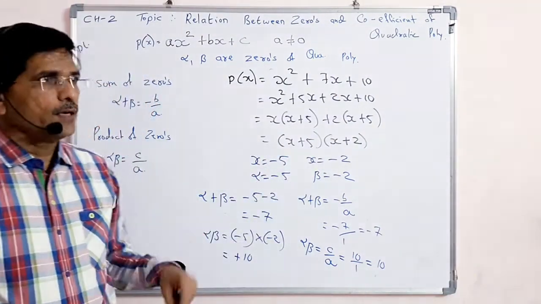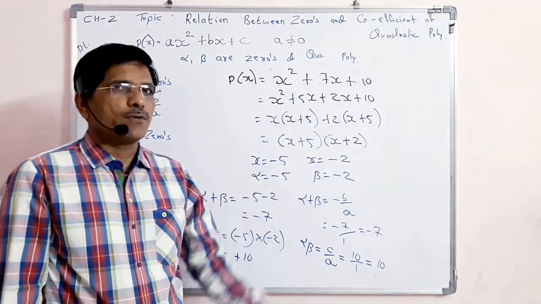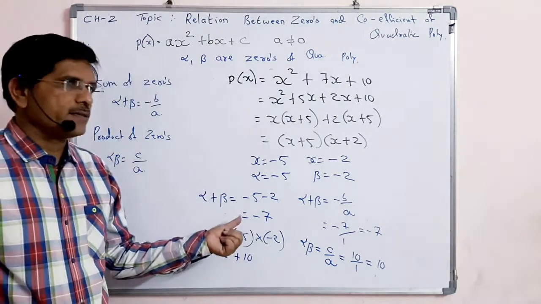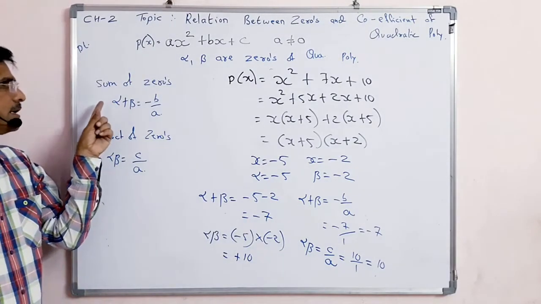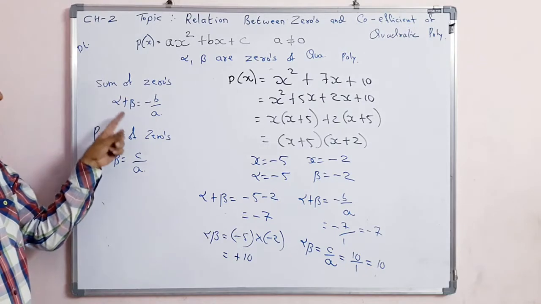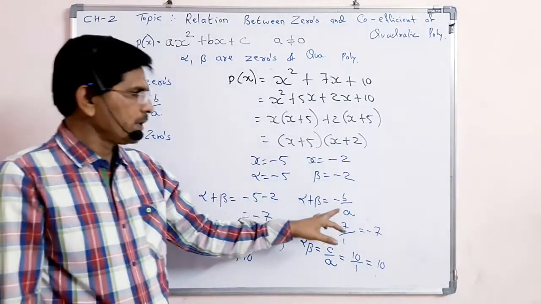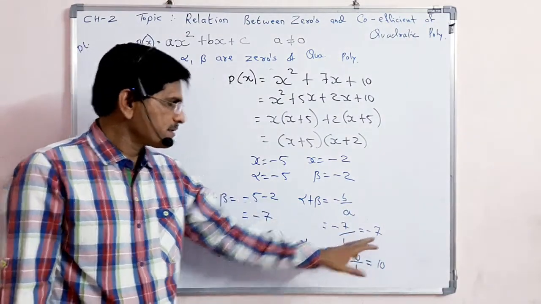We can say the zeros, that is alpha is equal to minus 5 and beta is equal to minus 2. Now the sum of zeros is minus 7, and by using the formula, that is the relation of coefficients, the sum of zeros alpha plus beta is equal to minus b by a. If we put the values in minus b by a here, we get the same answer, minus 7.